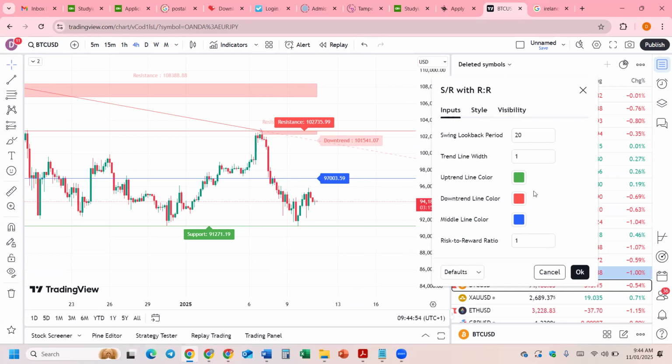The uptrend color is green, the downtrend color is red, so you can adjust the colors. The middle line is the risk to reward ratio.